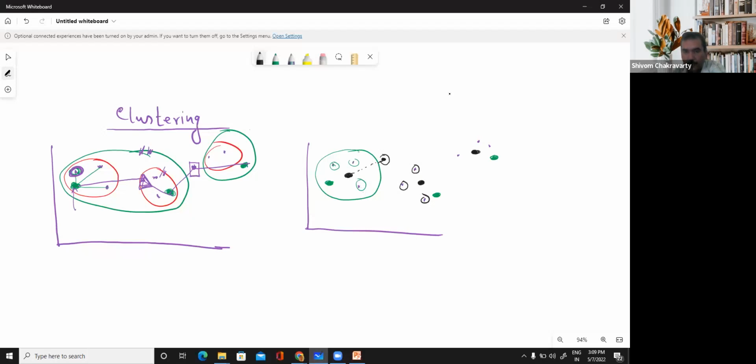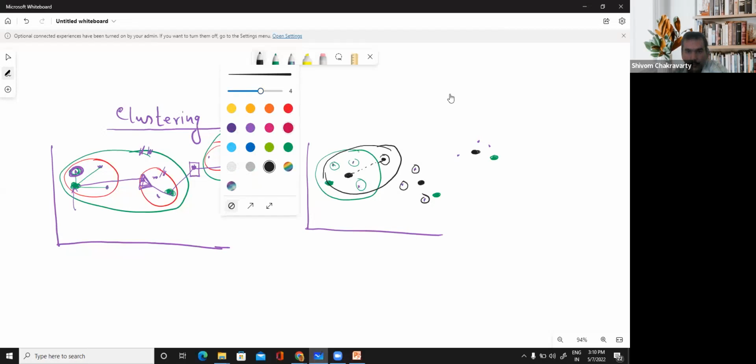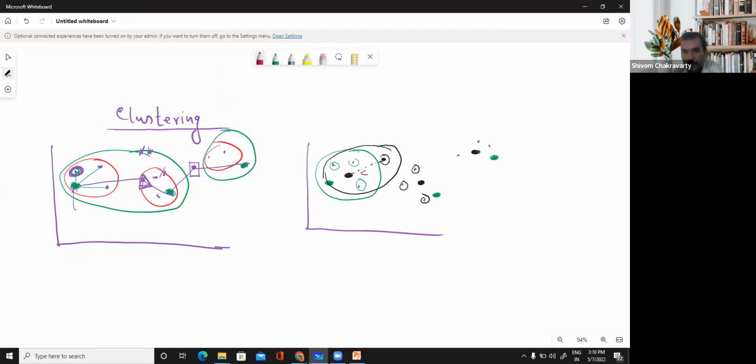So we will include all these four in one cluster. Then in the next step, we will calculate the centroid of these 4 points. Suppose when we do that in the next round, we find the centroid somewhere like this.